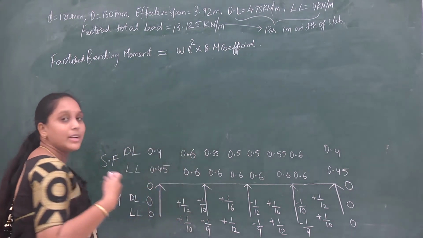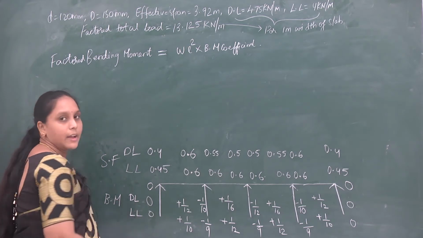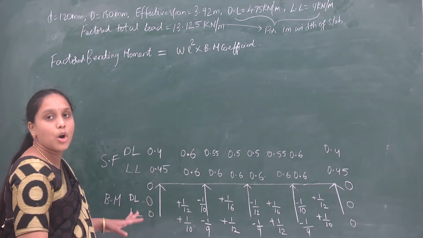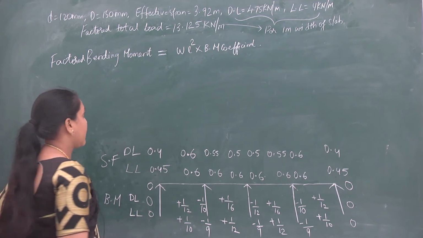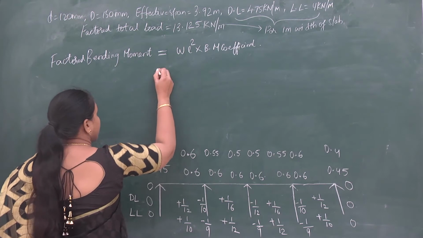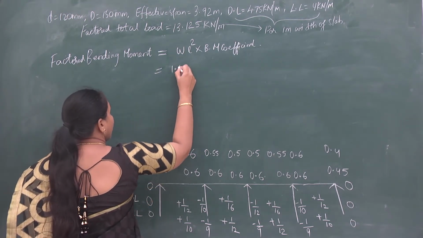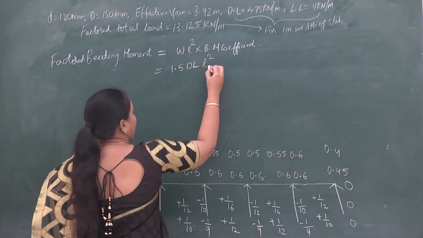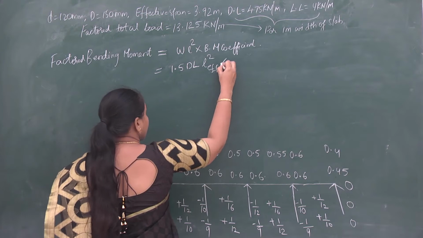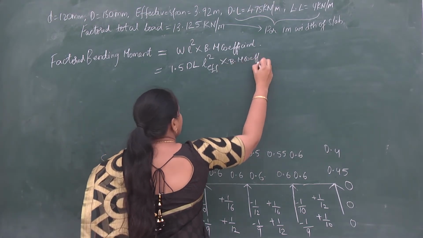So we have different coefficients for the dead load as well as the live load. So here I am not considering the total load. Here I am considering the dead load and the live load. So first for W I am considering the dead load. That is 1.5 into dead load into L square, L is here nothing but the effective length, into the bending moment coefficient for the dead load.